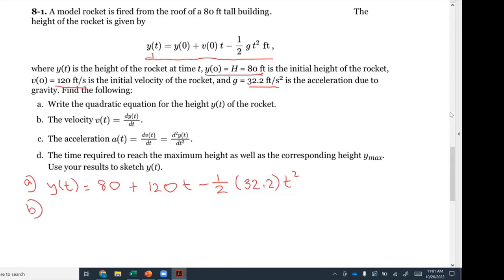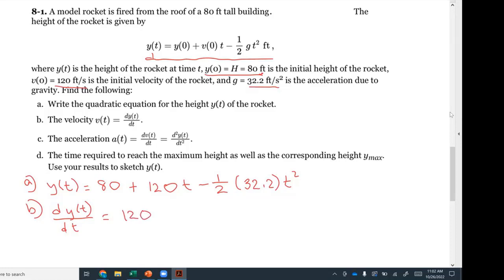B, the velocity, which it's telling me is equal to the derivative of y of t. The derivative of y of t with respect to t is equal to, well, the derivative of a constant is 0. I don't have to worry about that. The derivative of 120t is 120 times the derivative of t, which we already talked about.